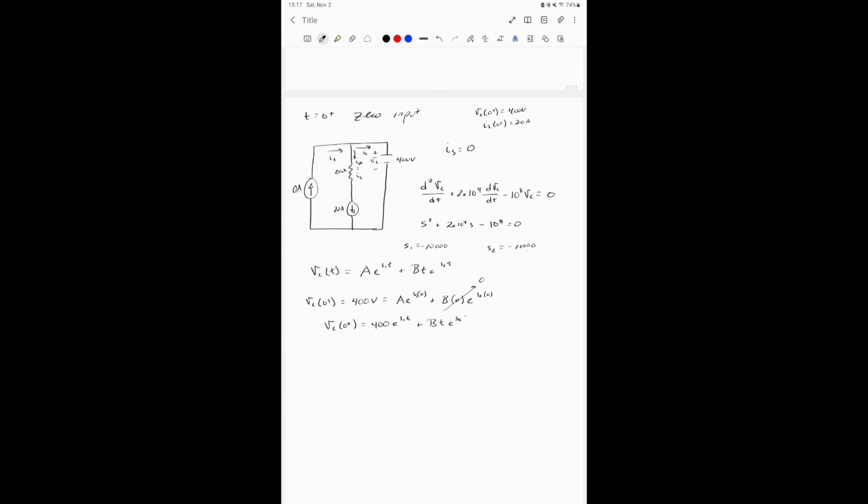And reminder, you have your S1 and your S2 value already. I'm just plugging in the S1 and the S2 because it's easier to write. So now we have this value, but we don't have a way to find B because B goes to 0 here.